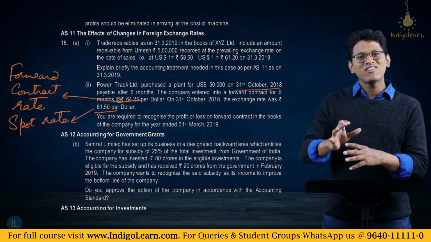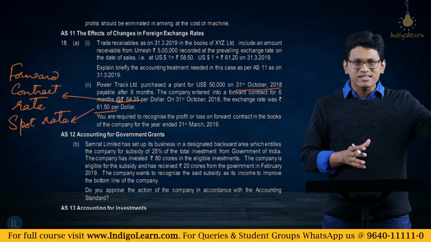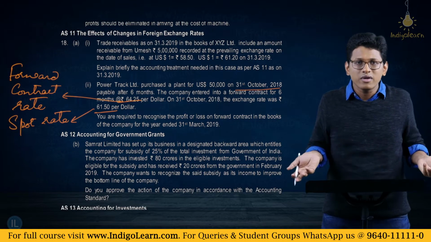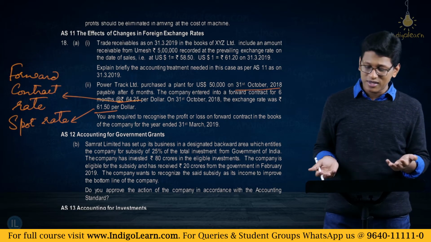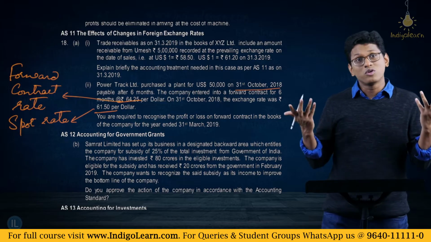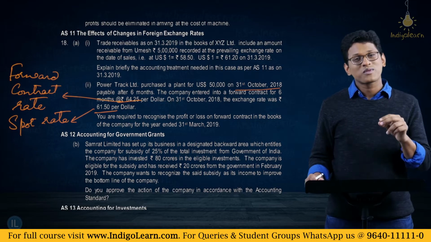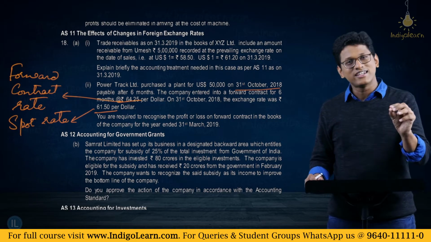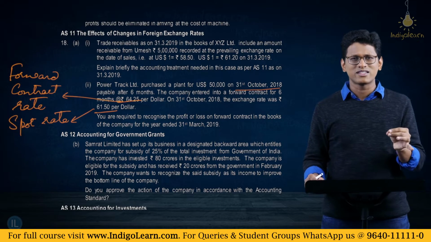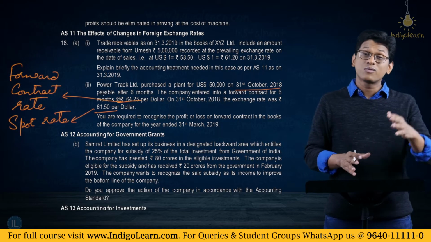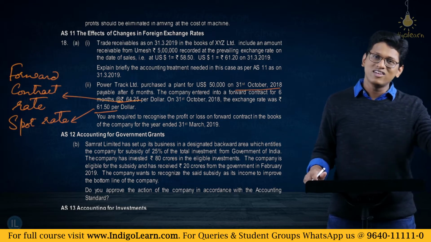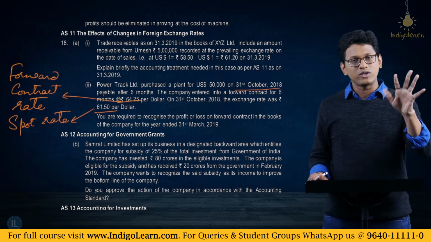Because we have a commitment to pay after 6 months, my feeling will be, why should I pay now? I'll pay after 6 months. But the problem is, after 6 months, 61.50 could be anything. That is why we actually entered into a forward contract where we said, yes, I know 61.50 is the current rate, but because I need to pay after 6 months, I will pay at 64.25.